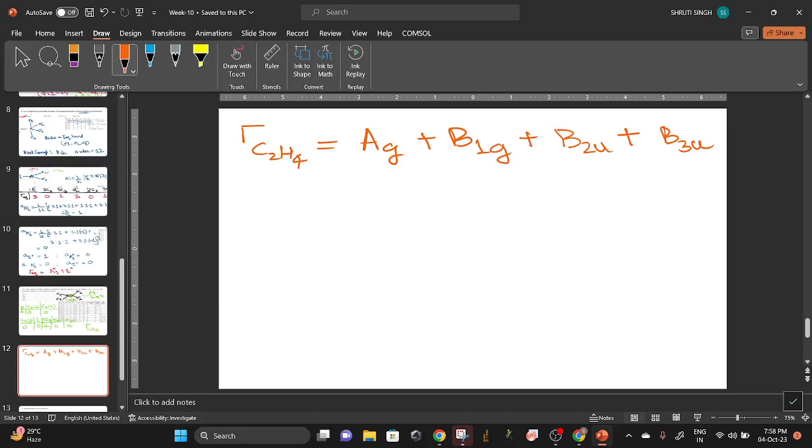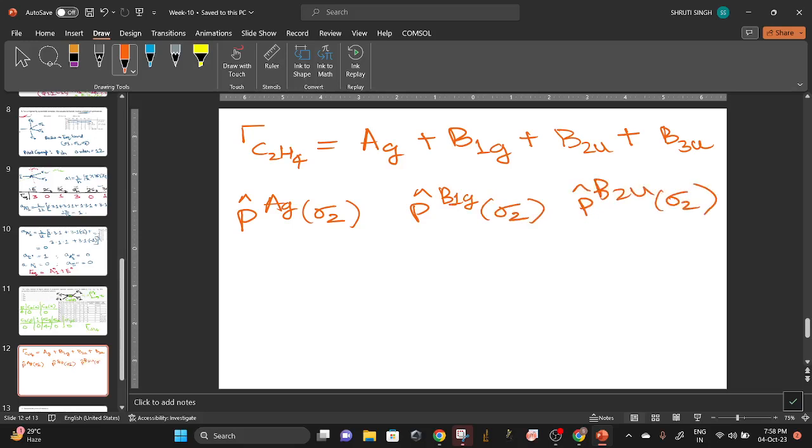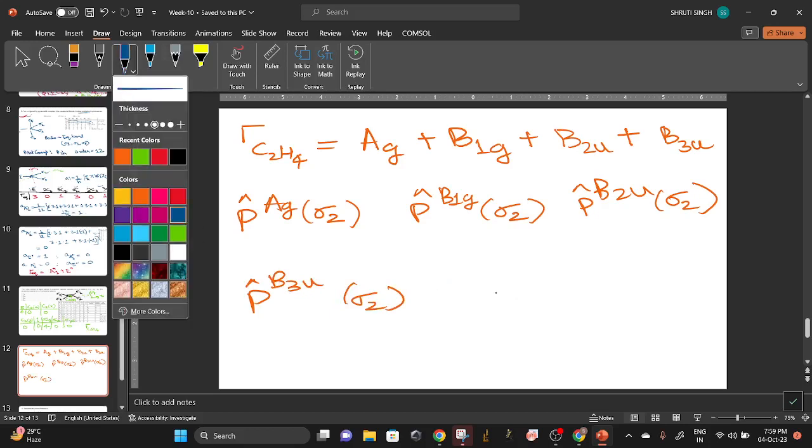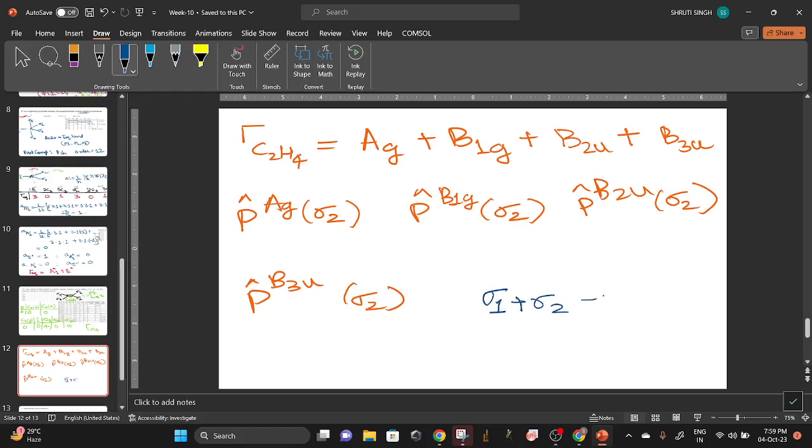Now we have to find whether it is P of Ag on sigma 2, or P of B1g, or projection operator of B2u symmetry, or B3u on sigma 2. Which one will give me this combination, sigma 1 plus sigma 2 minus sigma 3 minus sigma 4? This we need to figure out.